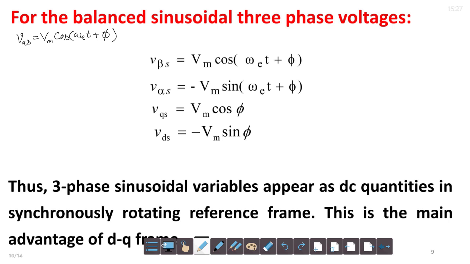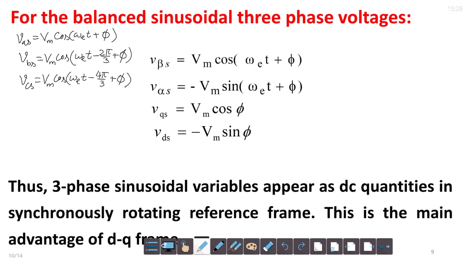Then Vbs is Vm cosine of omega e t minus 2 pi by 3 plus phi, and Vcs is Vm cosine of omega e t minus 4 pi by 3 plus phi. 3 phase voltages are like this.